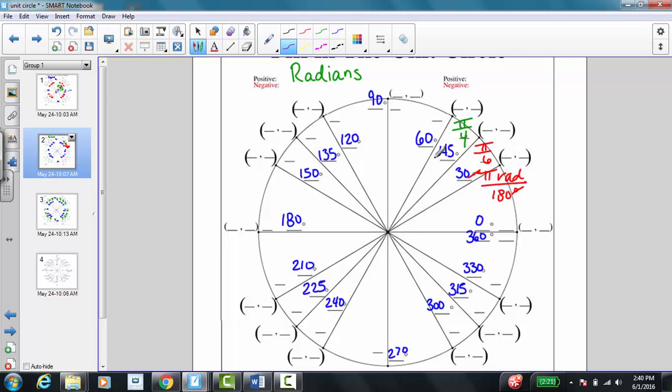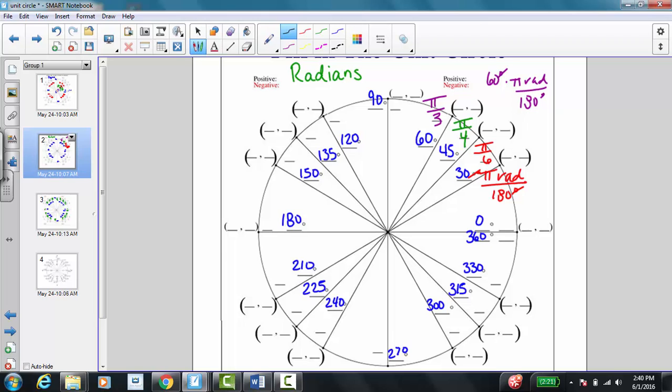So again, using this conversion factor, I would have 60 degrees times pi radians over 180 degrees. My degrees will cancel, so I have 60 divided by 180, which gives me pi over 3 radians.